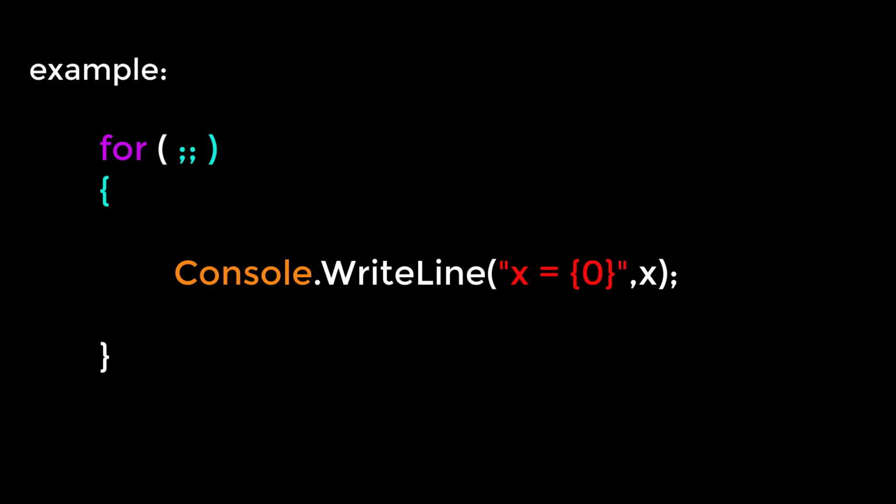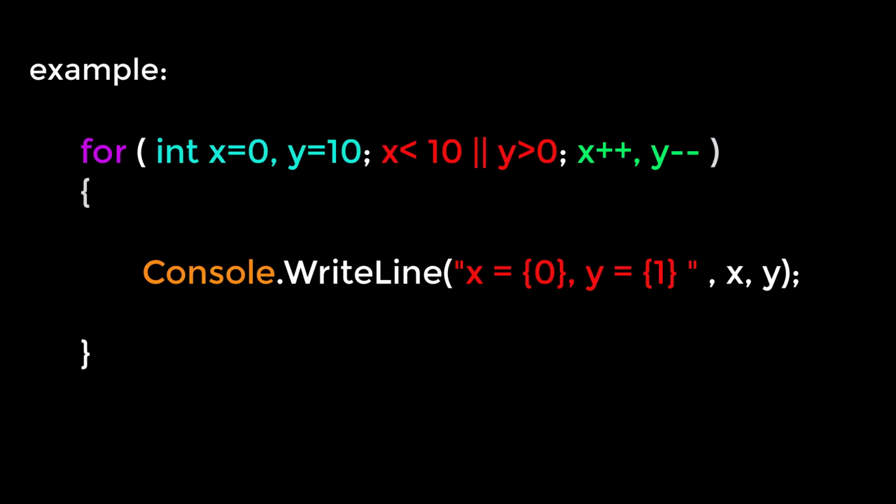The control variables for the for loop can be of any numeric data type, so double or decimal. Also, you can use multiple expressions like x, y equals 0, and then you iterate x or you iterate y, whatever output you desire. So that's it.